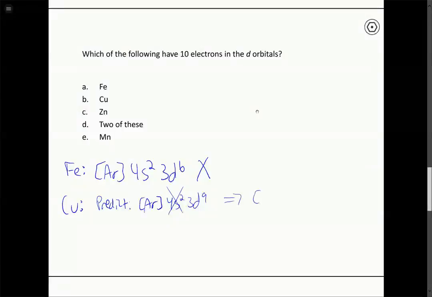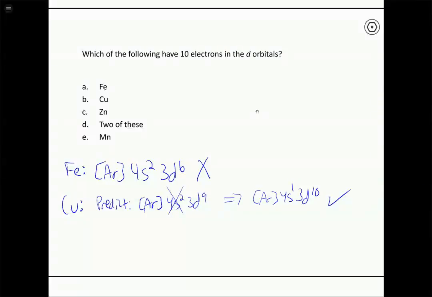It's actually going to be argon 4s1, 3d10. So this is a case where we promote one of the electrons from 4s into 3d. Still the same total number of electrons, but we've moved one from the 4s into the 3d. So this one does have 10 d electrons, so that's one of our choices.